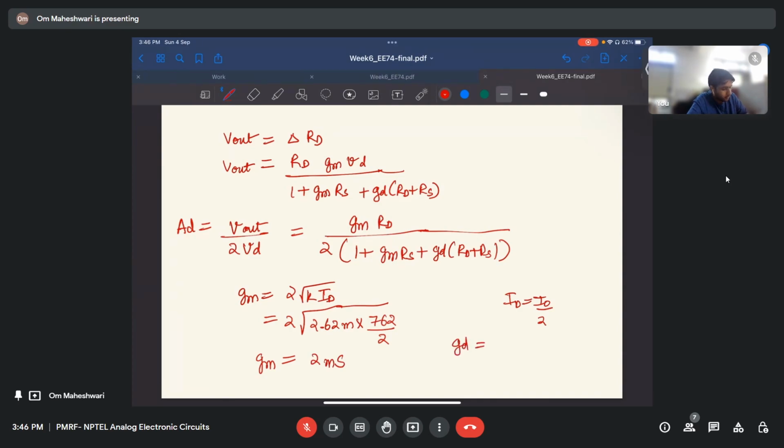And gd will be lambda ID, and lambda is 0.11, and ID is again 762 by 2. You can solve it.